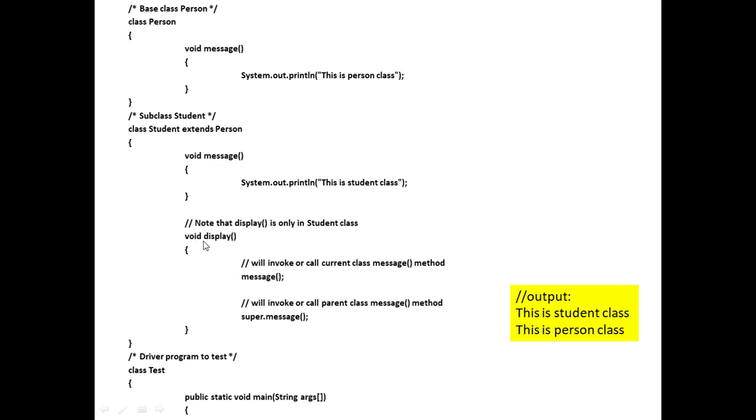In the display function, first I call message, which invokes the current class's message, so it prints that this is a student class. After that I call super.message. Due to the super keyword, the method from the person class, the superclass, is called.